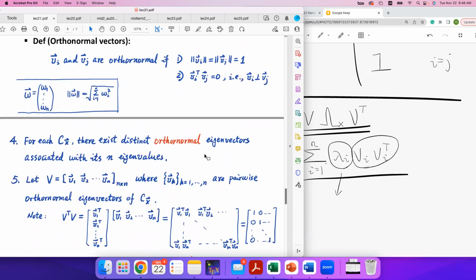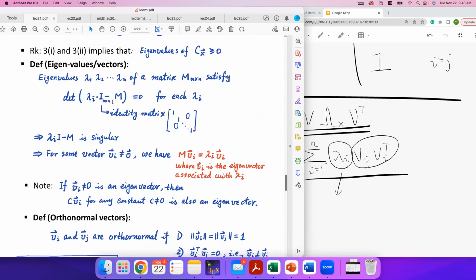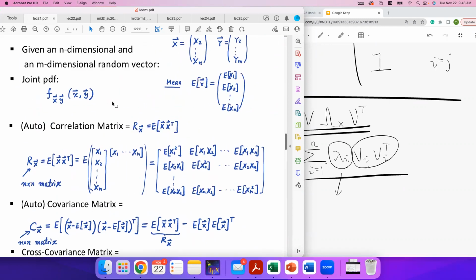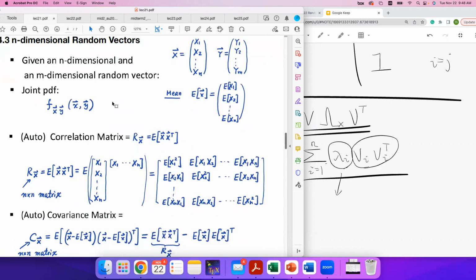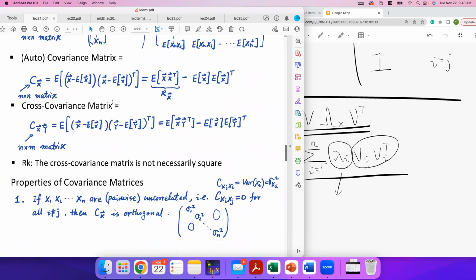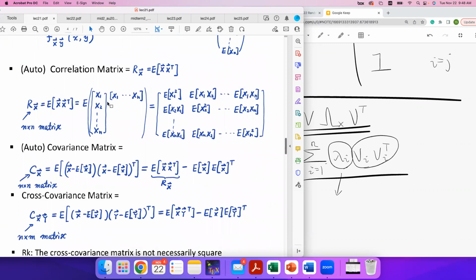So this is everything about lecture 21, where we start to introduce the n-dimensional random vectors. And all the statistics of these random vectors are characterized by vectors and matrices.